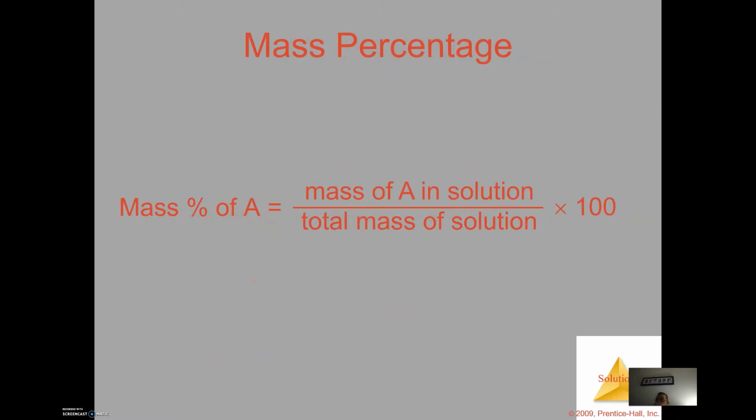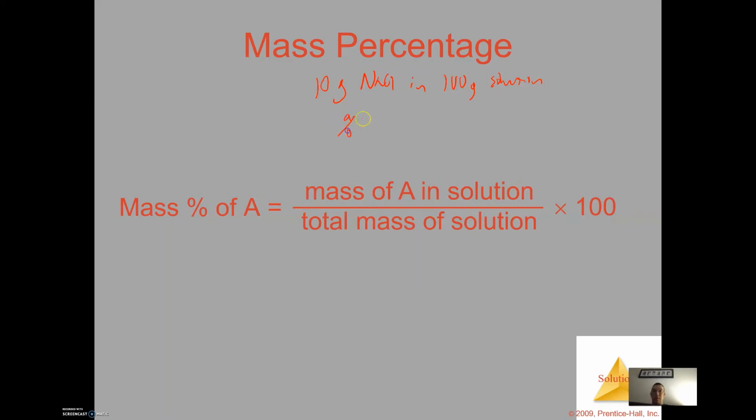Now, mass percent, the generic formula is mass percent of A, so A is anything, is where you take the mass of A divided by the total mass times 100. And so if we had, let's say, 10 grams of sodium chloride and 100 grams of solution, what would be the percent mass of NaCl?